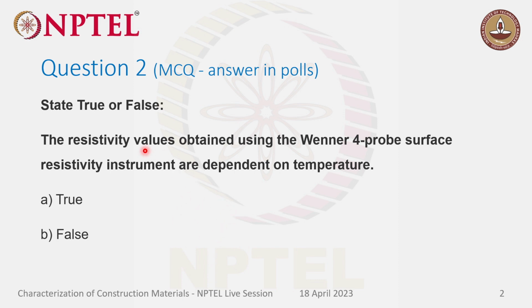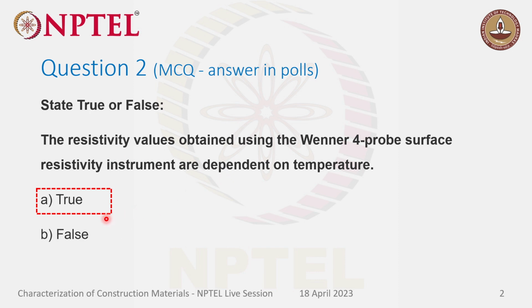If resistivity values are lower, it will have an influence on the concrete quality, right? And when there is a decrease in temperature, the resistivity will increase. So temperature has an effect. The correct answer is true.